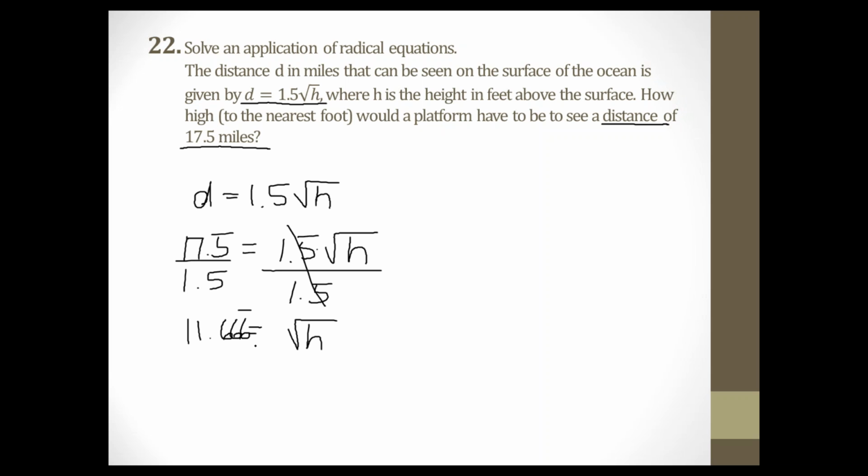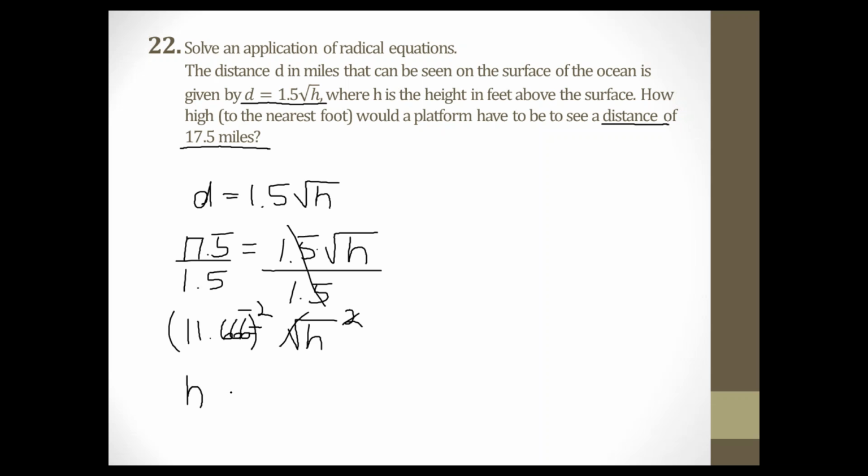So to eliminate the square root, we can use the property of squaring both sides again. That would eliminate the square root on the h.